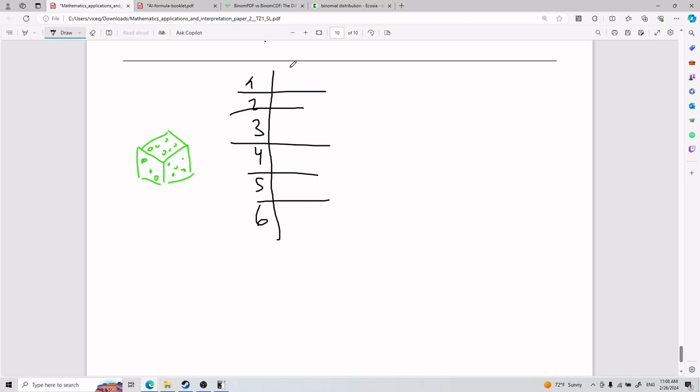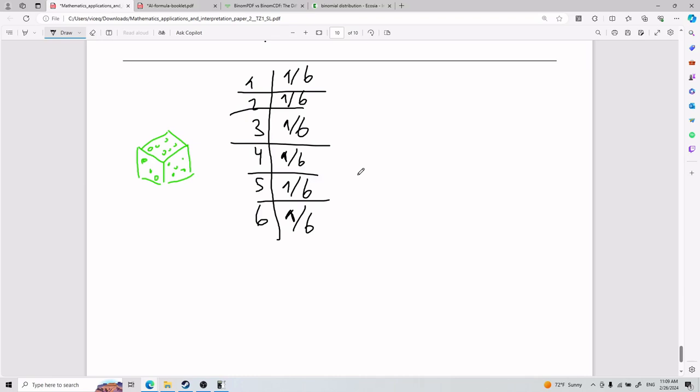So for getting a 1, it is 1 out of 6. For getting a 2, it is one of the sides. It is 1 out of 6. So it's 1 over 6 for each number, ¿cierto? If you roll the die, it's 1 out of 6 of getting any of the sides, unless it's a loaded die, unless it's like an illegal die, ¿sí? So probability is 1 over 6 for each side, para cada cara.